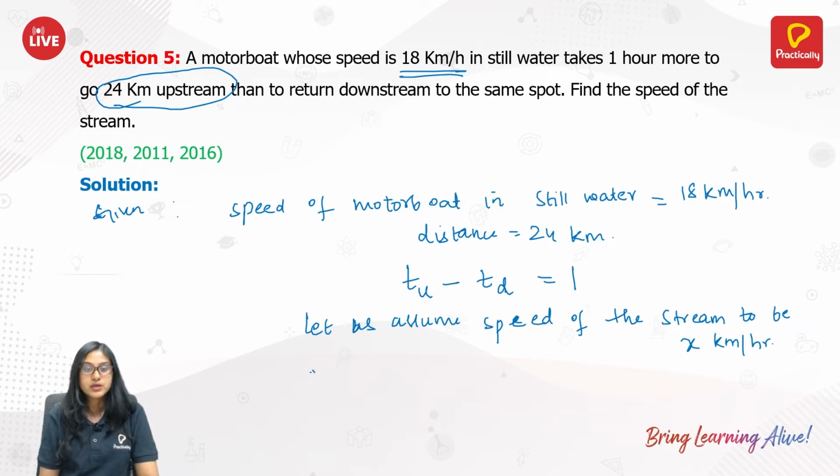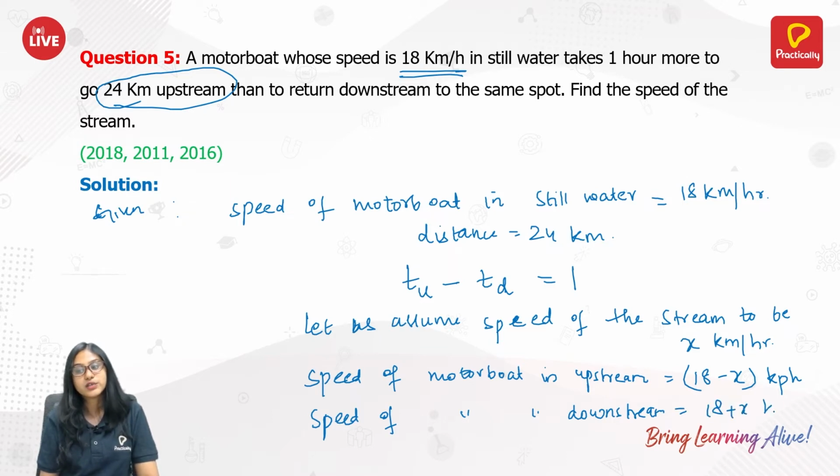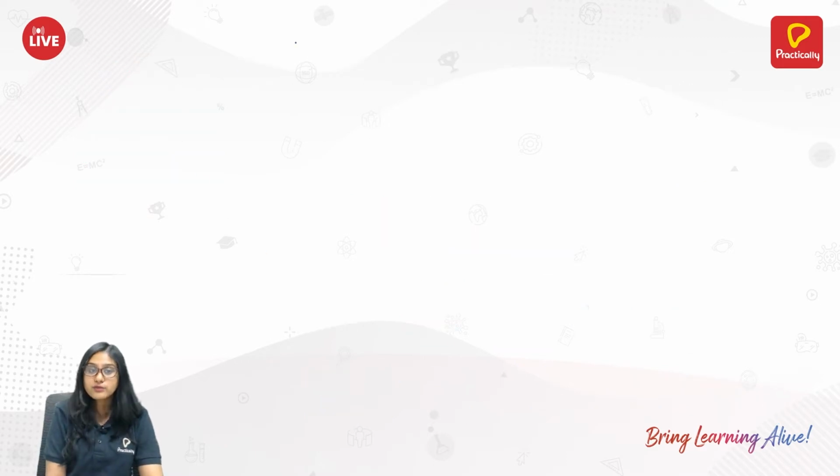That speed of motorboat in upstream, what will it be? 18 minus x kilometer per hour. Next, speed of motorboat in downstream. How much? 18 plus x. What are the units? Kilometer per hour.